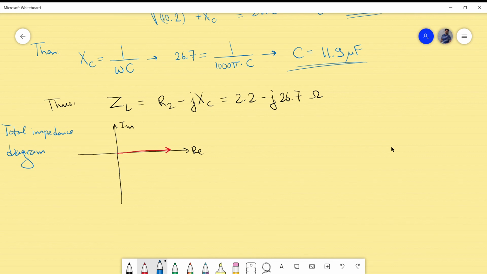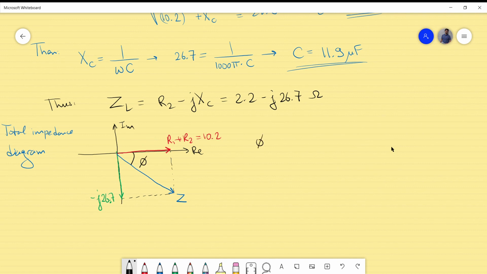So I have R1 plus R2, which is 10.2 ohms, and the imaginary part, which is of course much longer, but that is not to scale, minus j26.7. The phasor sum of this gives us the value of Z, which is shown here, and the phase here I will call phi.